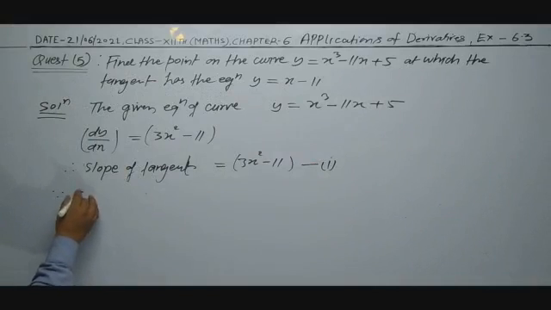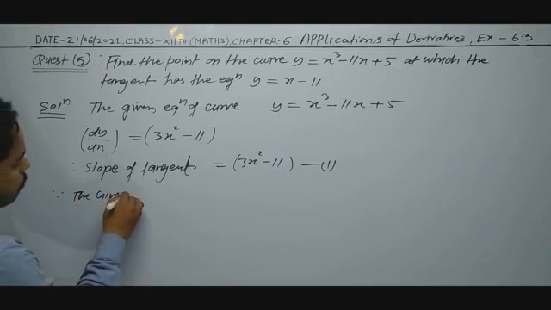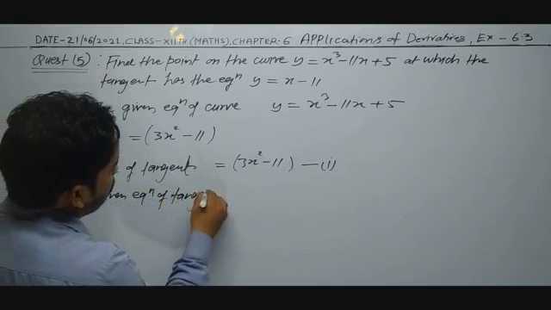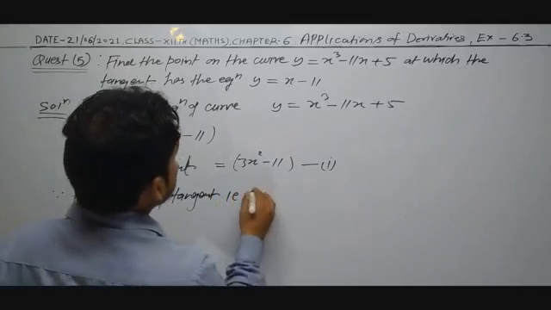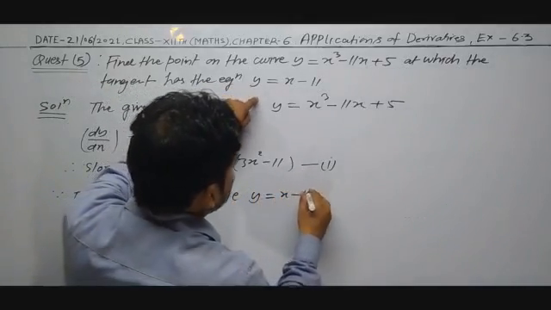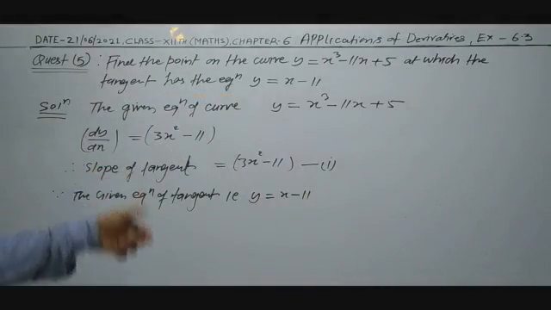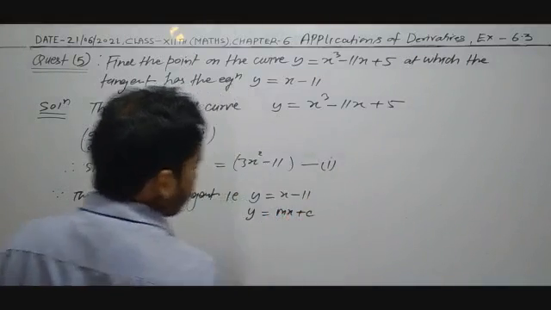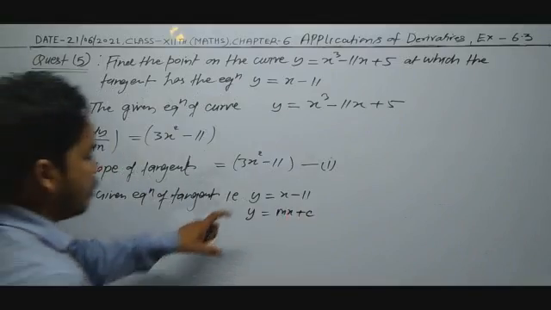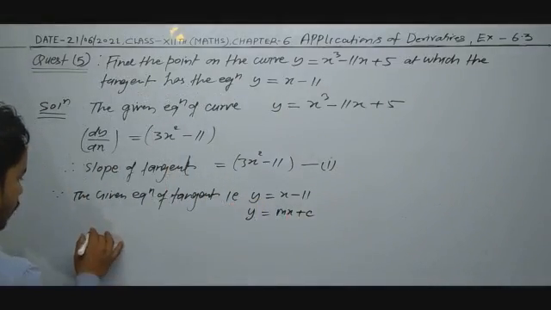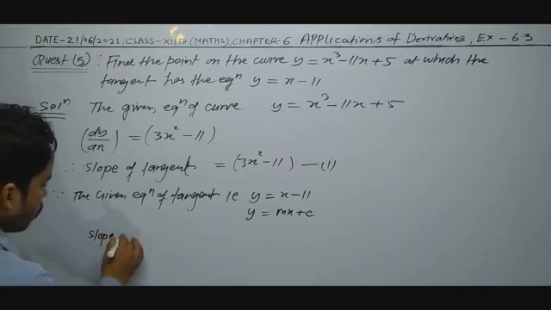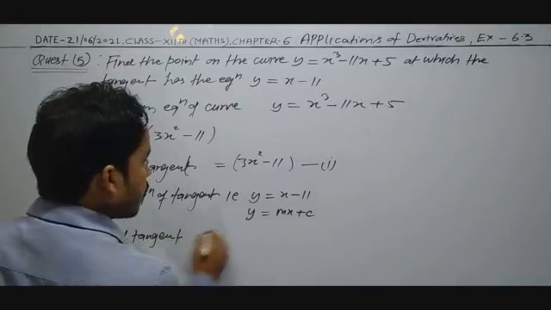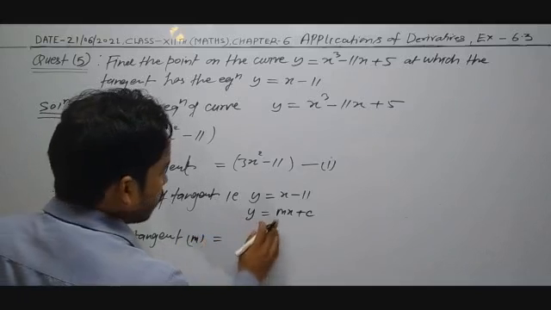Since the given equation of the tangent is y is equal to x minus 11, if you compare it with y is equal to mx plus c, then you will get the slope of the tangent m.